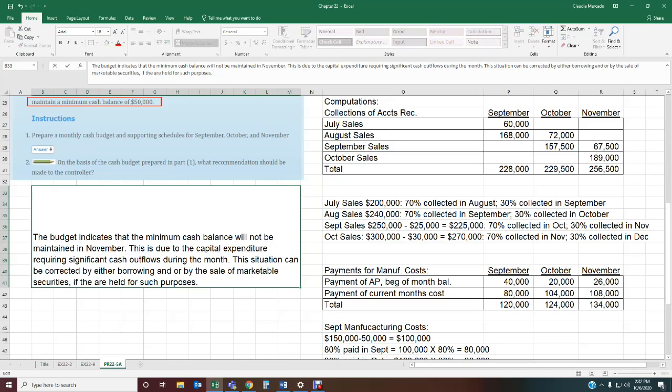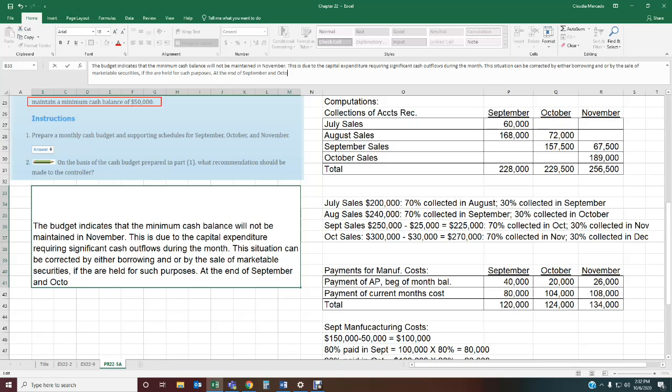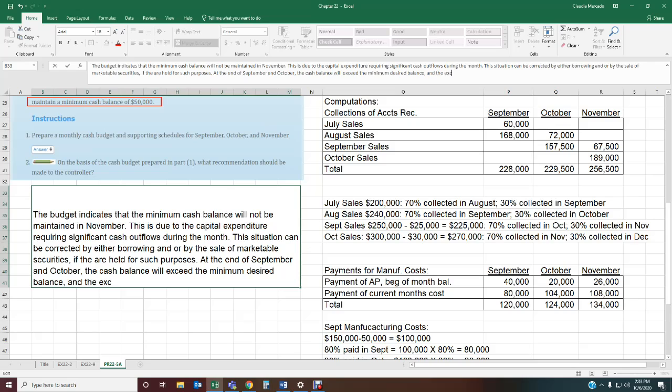At the end of September and October, the cash balance will exceed the minimum desired balance, and the excess could be considered for temporary investment.